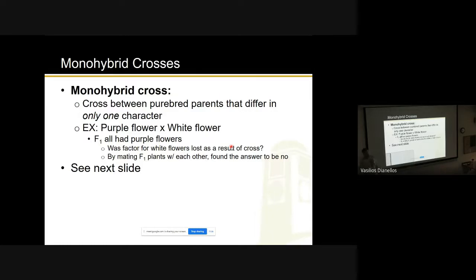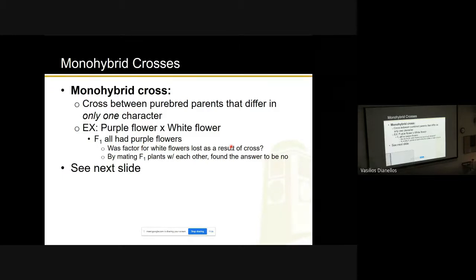So to find the answer, he took it a step further, right? He had his F1 generation, which was from the crossing of the purebred plants. So then he started crossing the F1 generation. He took this F1 plant and crossed it with that F1 plant. And then he took a different F1 plant and crossed it with a different F1 plant, right? Thousands of times he did this.